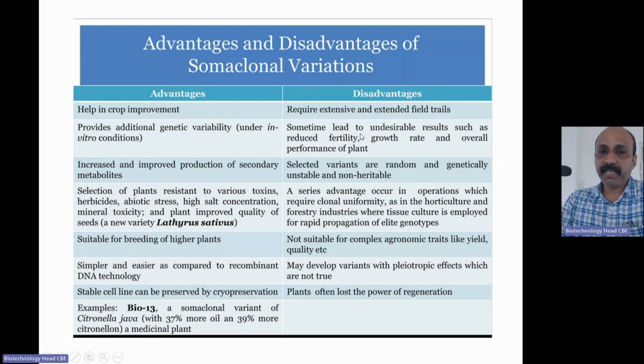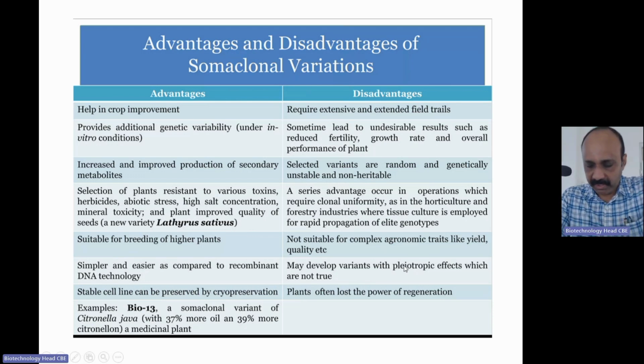Only such plants we need to select, which requires extended field trials. Many times it leads to undesirable results, which reduce fertility, growth rate, and overall performance of the plant. These are genetically unstable and non-predictable. Tissue culture is also not suitable for complex agronomic traits, right? When a trait is controlled by an entire loci, it may not be suitable. It may also develop pleiotropic mutations.